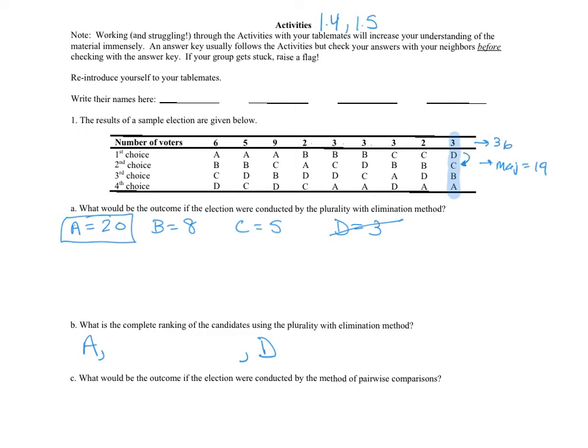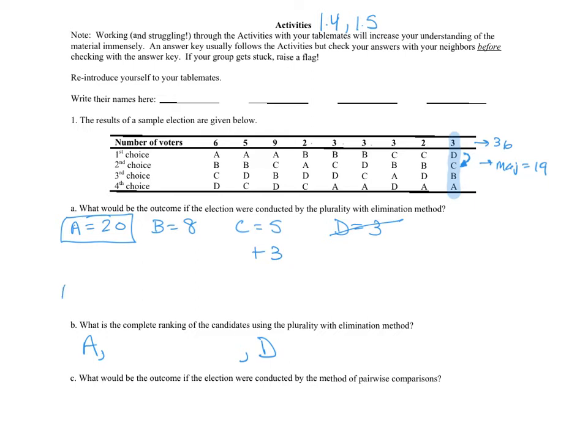Okay, so this column represents 3 actual voters who ranked their candidates D, C, B, A. So if D is eliminated, then we can assume that these 3 people would go to candidate C as their next choice. So I'm going to give those 3 votes that used to be D's to C.